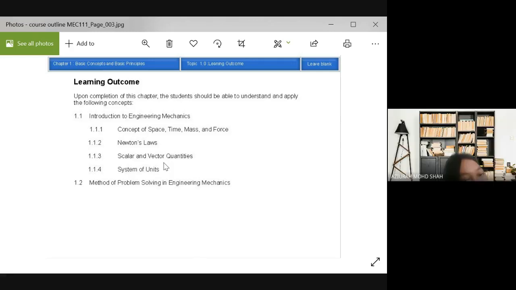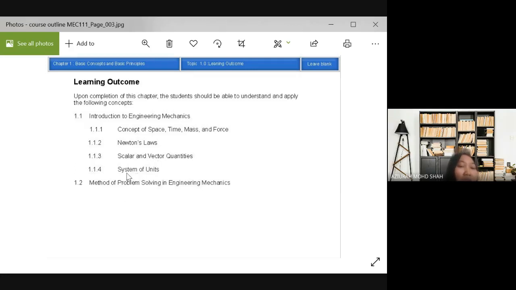Ada magnitude, ada direction. Macam force pun vector lah sebab ada magnitude and also direction. So kita akan banyak buat skala nanti, maksudnya kita tak put direction tapi kena tahu juga vector. Vector sangat-sangat penting, especially in 3Ds.